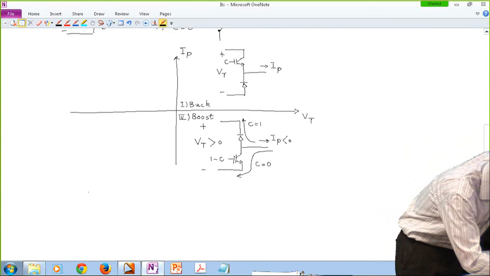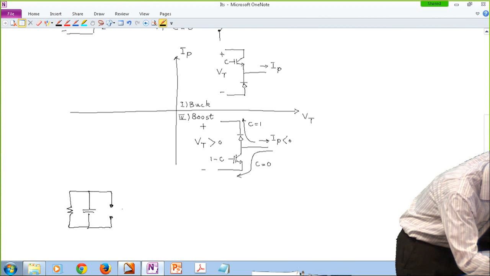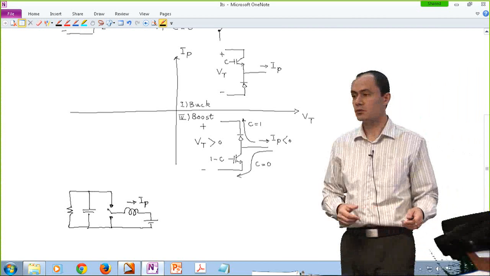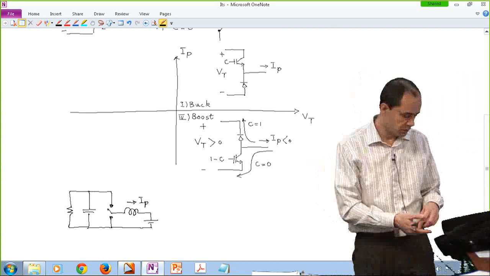So if I want to draw the boost converter, it is going to look like this. And again, I assume that I pole is positive if it is flowing from left to right. So this is actually my boost converter.